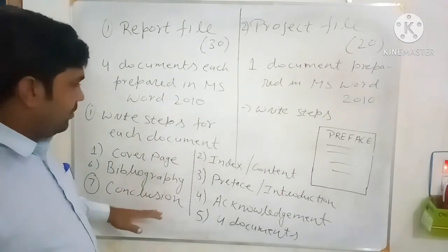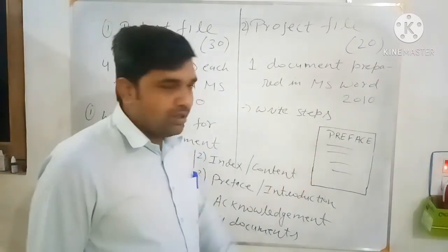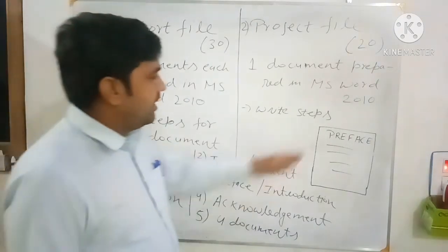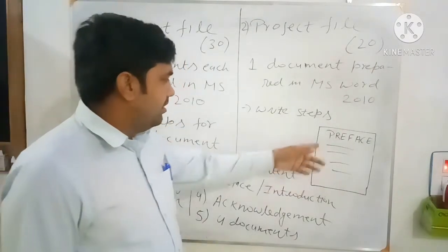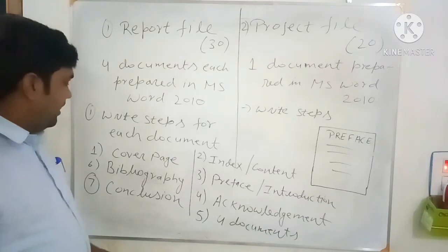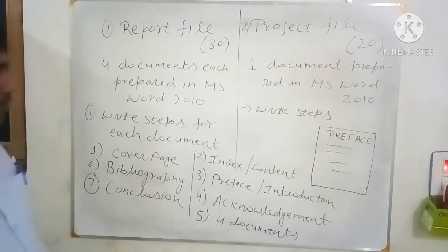Now if you have a computer at home, you can prepare with the help of Microsoft Word. If you don't have a computer, you can prepare by hand also. Write this on A4 sheet paper, design a cover page in a good manner on A4 sheet paper, and write these things by hand.